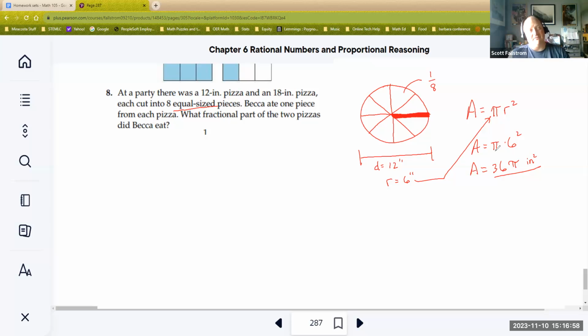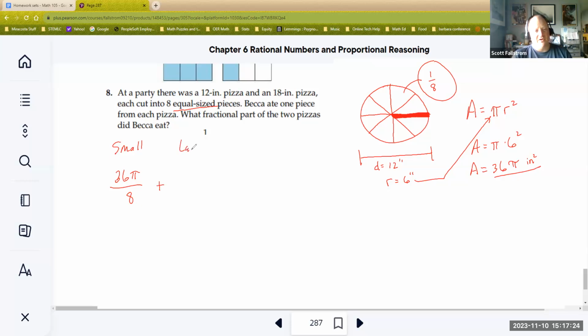Now, technically there is a volume, but we'll have to assume that the pizza has uniform thickness. So the volume piece won't really make a difference here. Now remember, she took one piece, but we had cut it into 8s. So for the small pizza, we had a total of 36 pi square inches, but she took 1/8 of it. So I'll just divide it by 8.